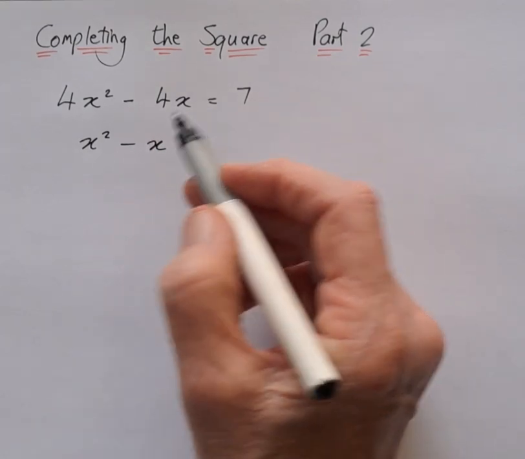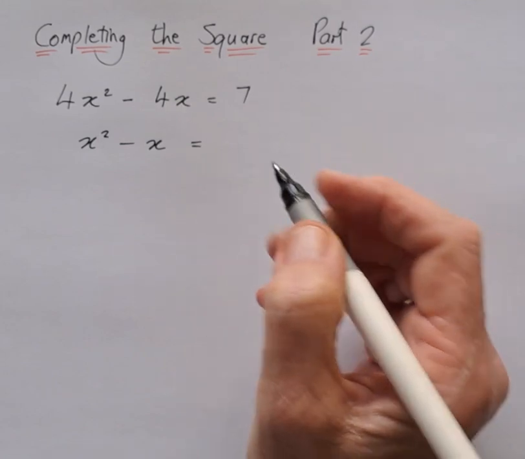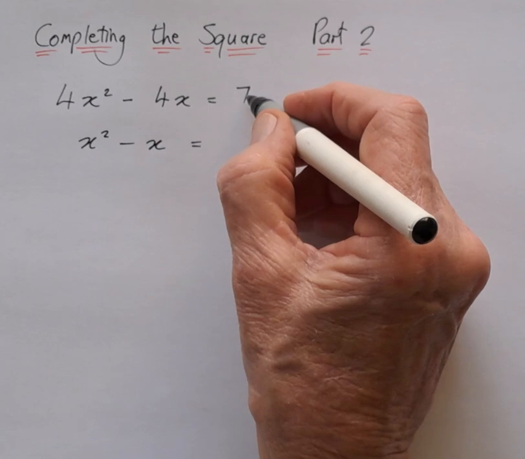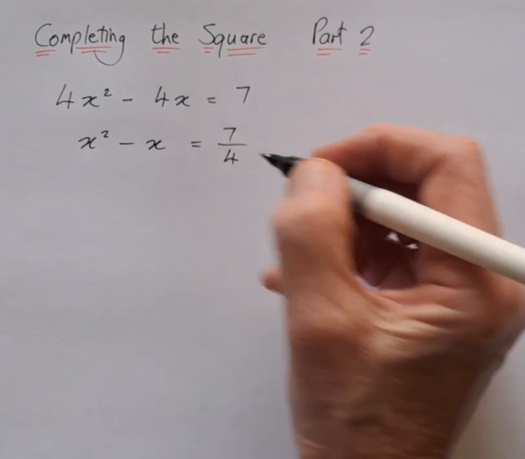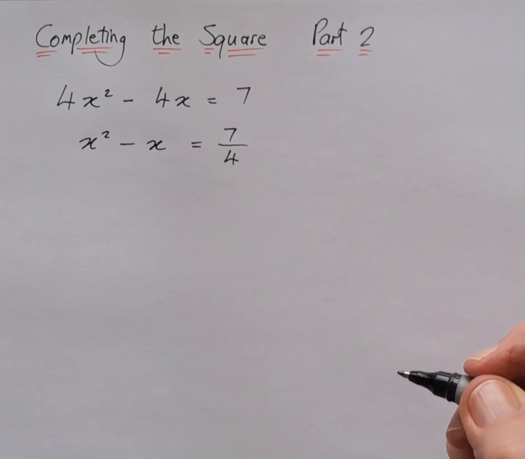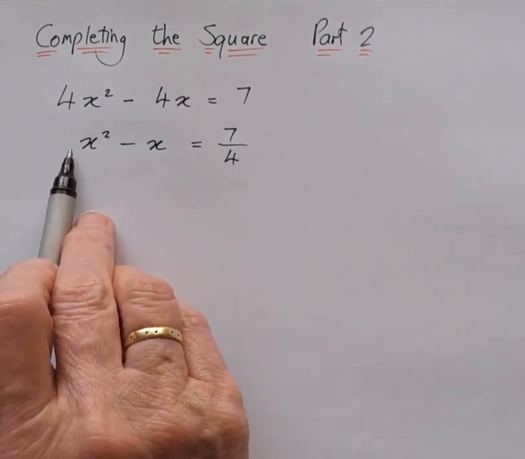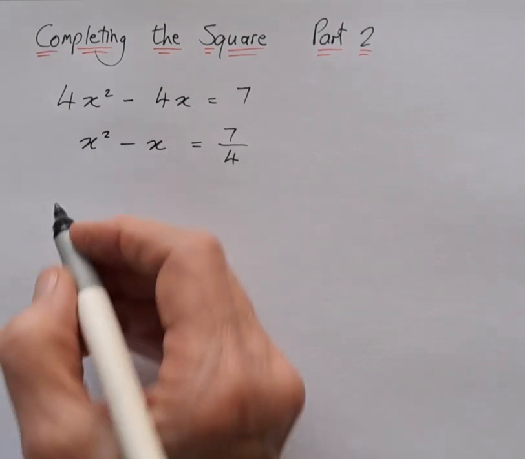My constant is very conveniently already on the right hand side, so I don't have to worry about that, but I have to divide it by 4, and 7 isn't divisible by 4, so it's going to remain a fraction of 7 over 4, meaning 7 divided by 4. So once I've got this to have a coefficient of 1, I'm going to go on and complete the square on the left hand side.